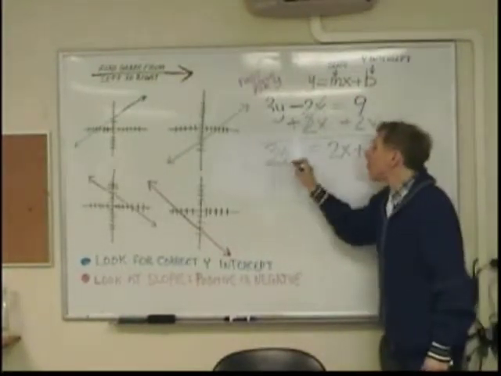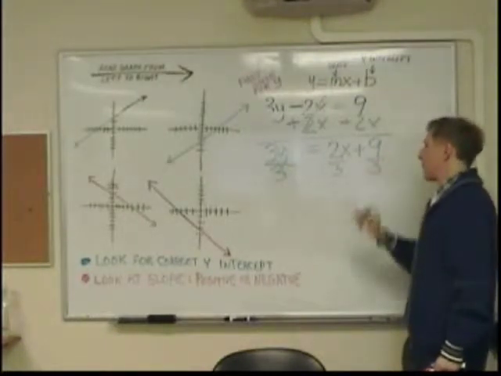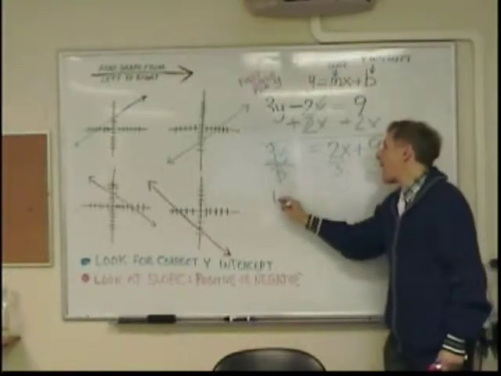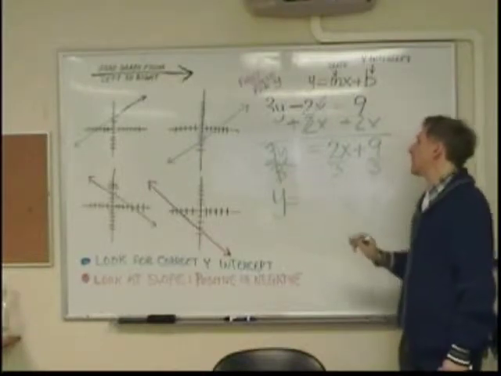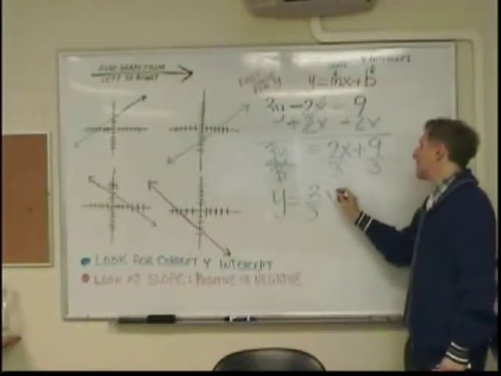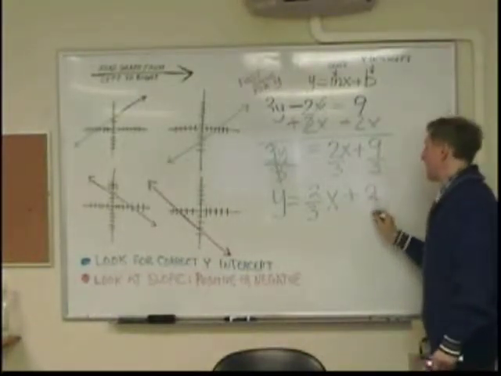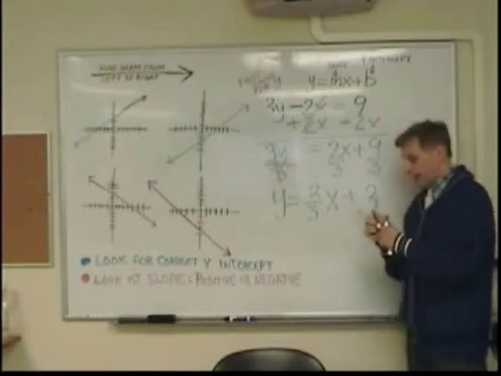I don't want 3y, so I'll divide everything here by 3. Now I have y by itself equals 2/3 x plus 9 divided by 3 is 3.